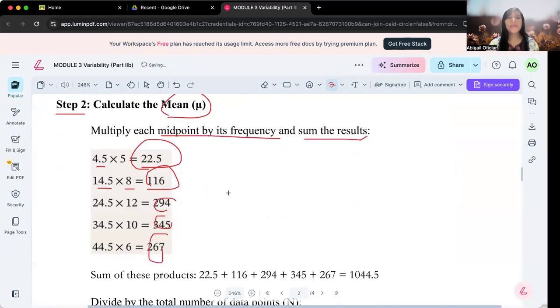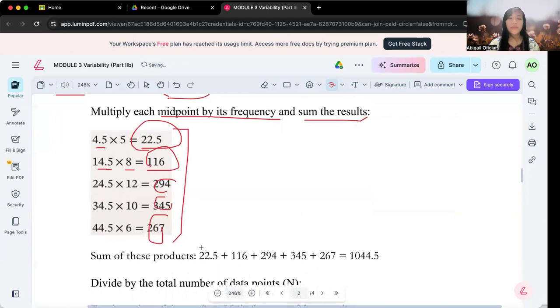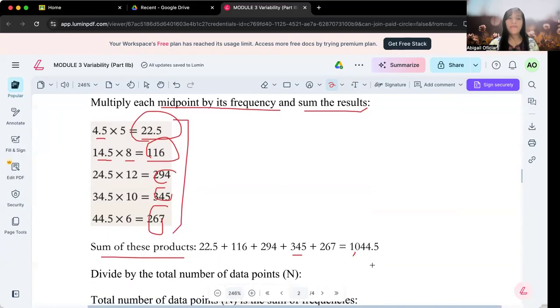Now, since we have the products between the midpoint and the frequency, the next step is to add them. We have to get the sum of these products. So 22.5 plus 116 plus 294 plus 345 plus 267 is 1,044.5.